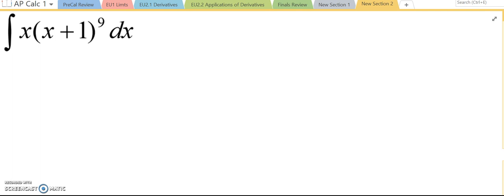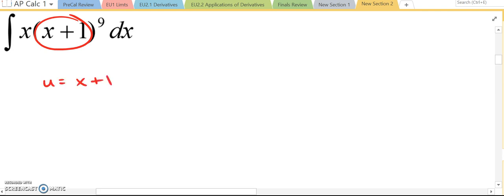When I look at this problem, my first instinct is to deal with the part inside the parentheses, and that shouldn't be any different than what we've done before. We want to set u equal to x plus 1, because we want to help ourselves simplify that ninth power.